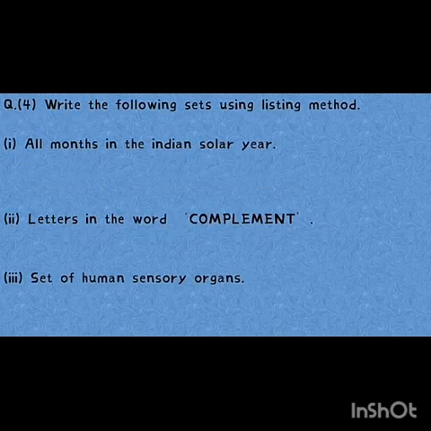Now question number 4, write the following set using listing method. Here we have to use the listing method. So question 1 is, all the months in the Indian solar year. Here they are asking us months in the Indian solar year.